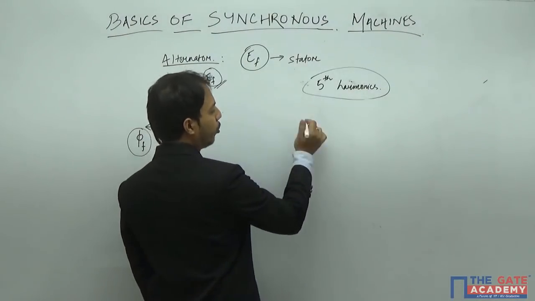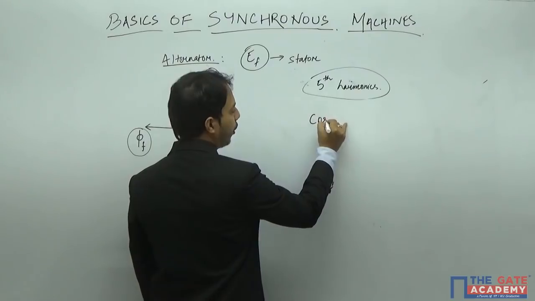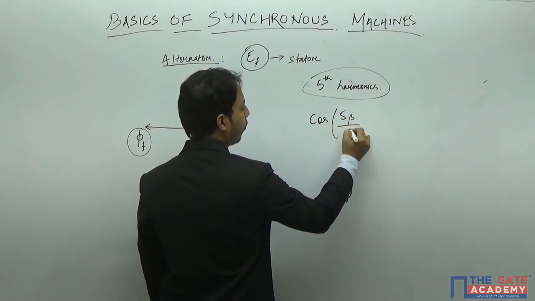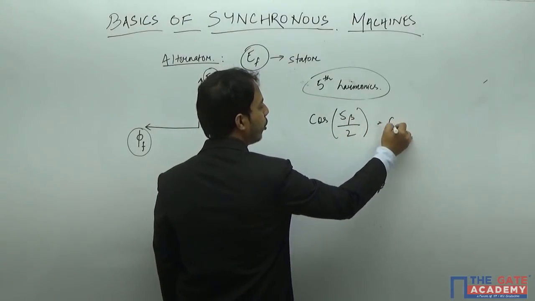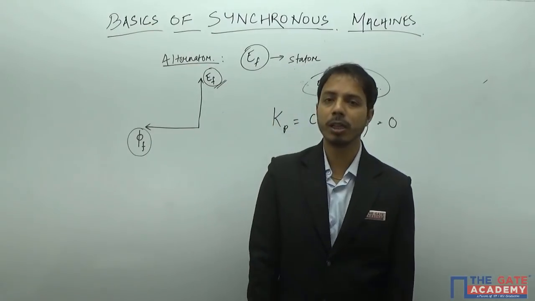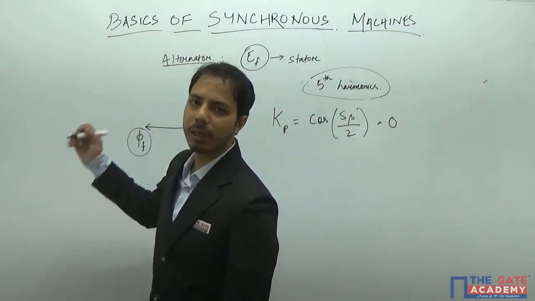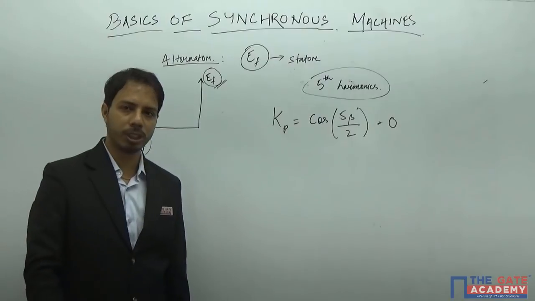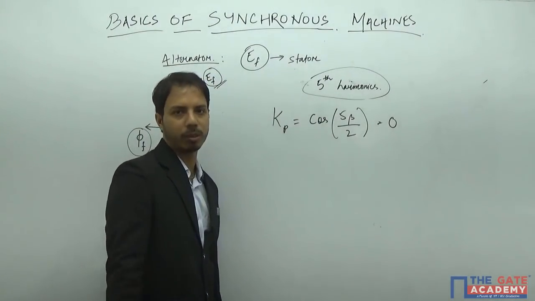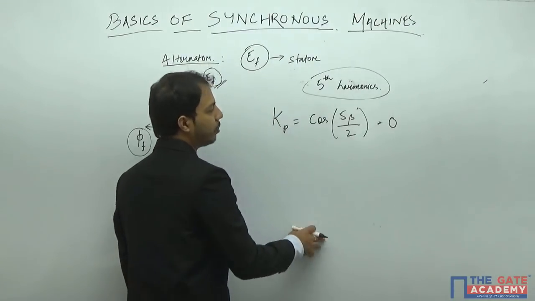For the fifth harmonic to be 0, first of all we need cos of 5 beta by 2 to be 0, or Kp should be 0. If Kp is 0, then definitely the induced EMF for the fifth harmonic will become 0. That is one technique, by which we can remove the fifth harmonic. So now let us find out what beta is for that.